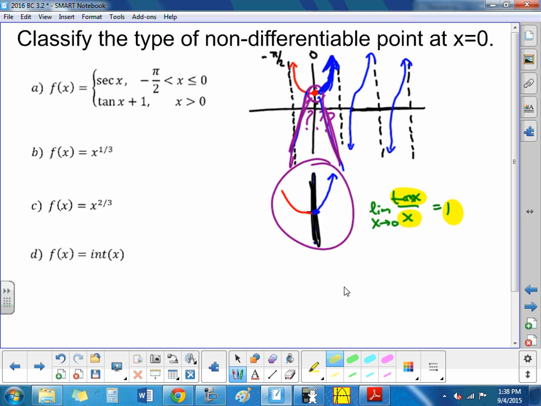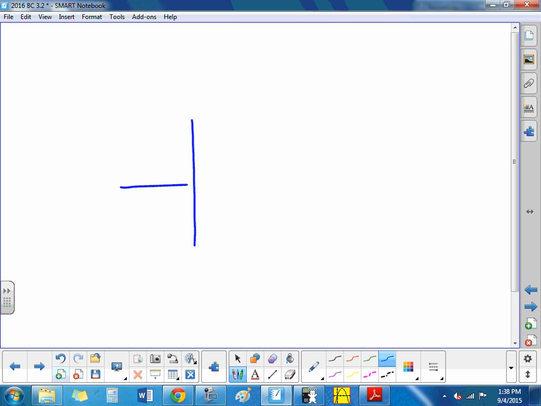that means tan x and x are the same graph. Now, it's only true near 0, but when you are very, very close to 0, it is impossible to tell a difference between tan x and y equals x. Tan x looks like this at the origin. x looks like this at the origin.